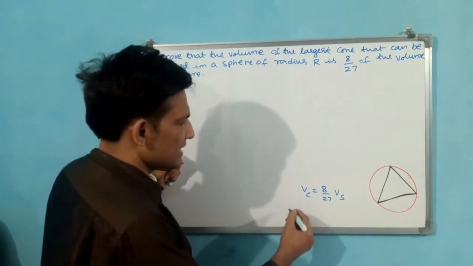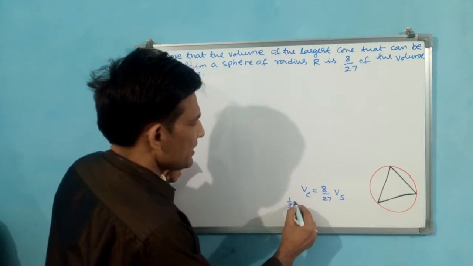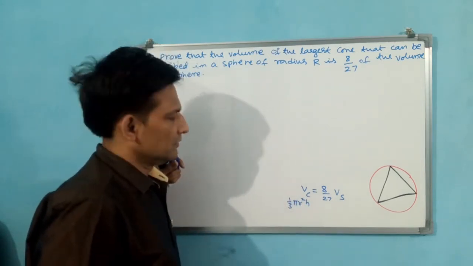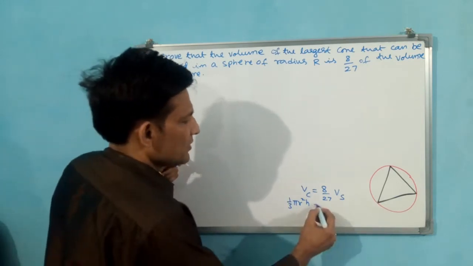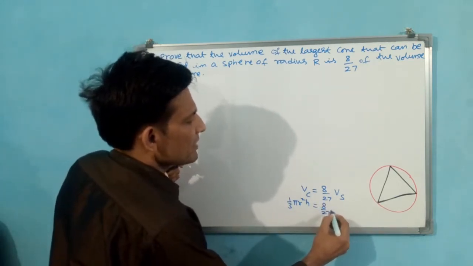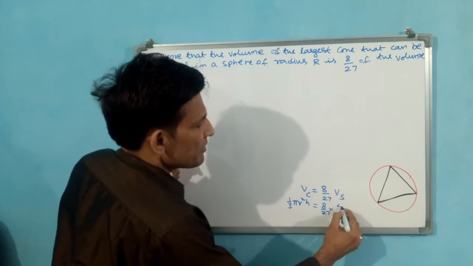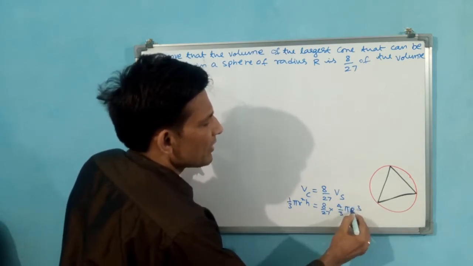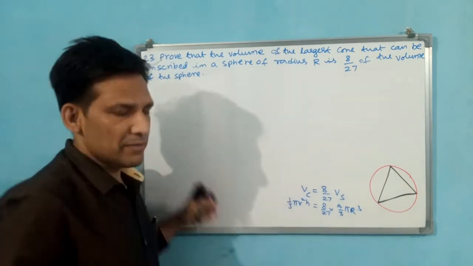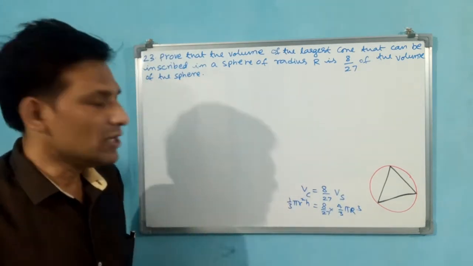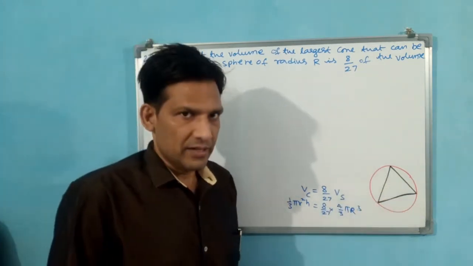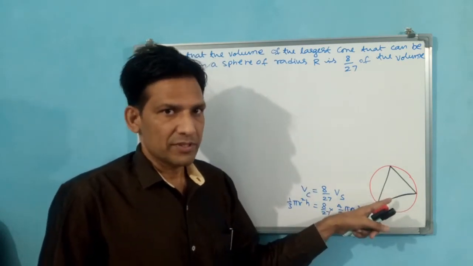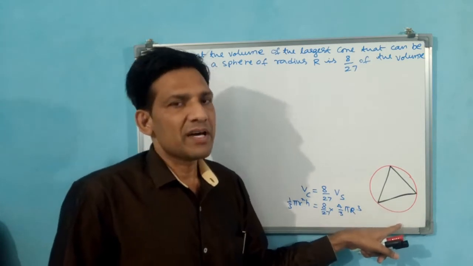Volume of the cone is 1 by 3 pi r square h. 8 by 27 times the volume of the sphere, which is 4 by 3 pi R cube. Here for the sphere you have to take capital R. Why? Because they are clearly mentioned.